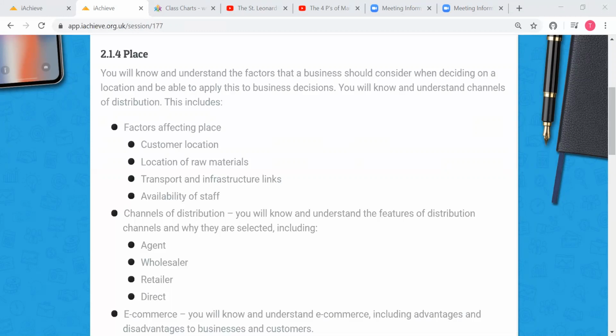I'm pulling up on the screen what is due and when. There are three worksheets I will be going over with you today: Worksheet 20, 21, and 22, and they all have to do with the place that a business is located. These will all be due from you by Friday.